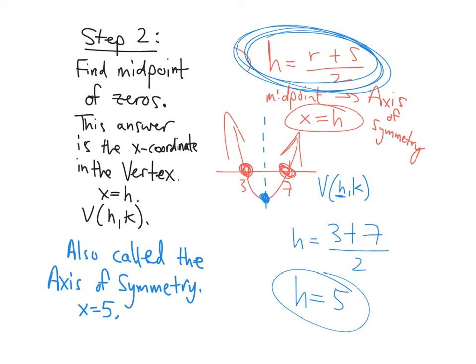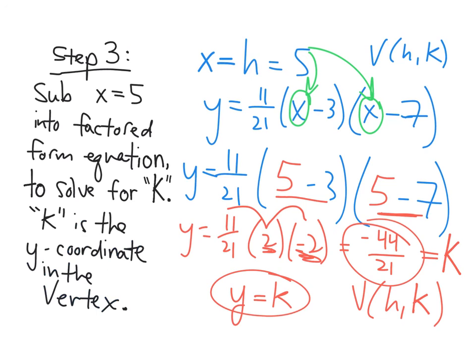And you could see that in the vertical line that's drawn here, that's symmetrical for the parabola. So the calculation is 3 plus 7, add the zeros, divide by 2, and you have the midpoint of 5. So that's step 2.